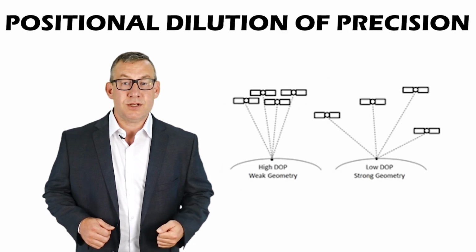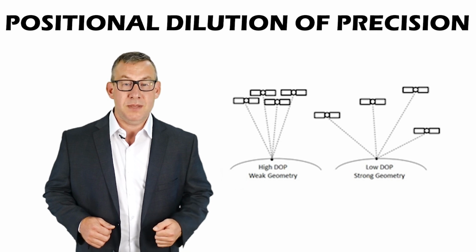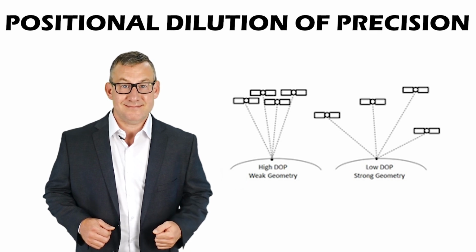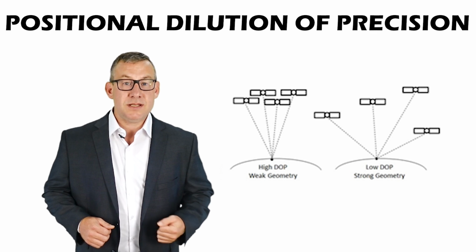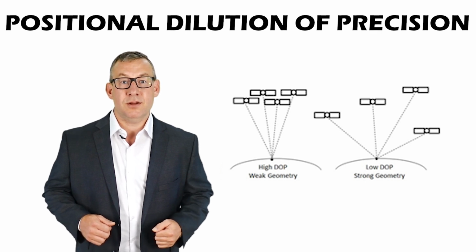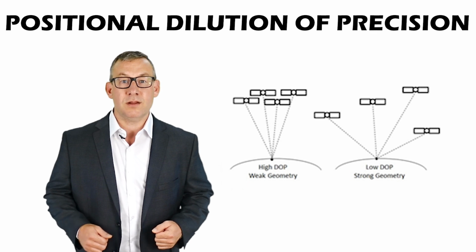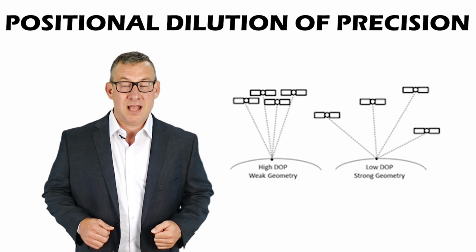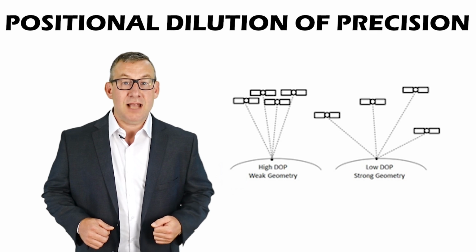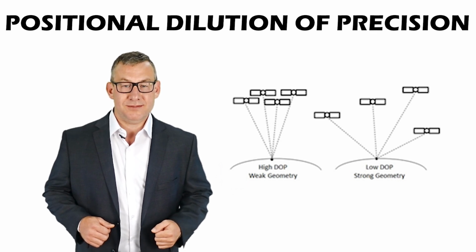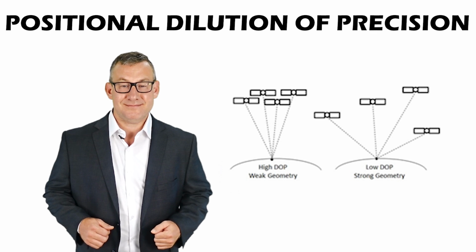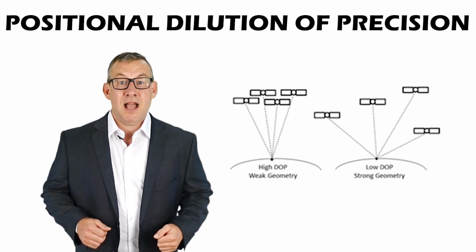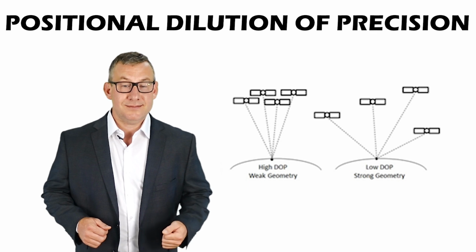The positional dilution of precision, or PDOP. Positional dilution of precision describes how good satellite configuration is for collecting accurate points. PDOP ranges from 1 to 20. A lower PDOP is better. 5 or less is considered good.